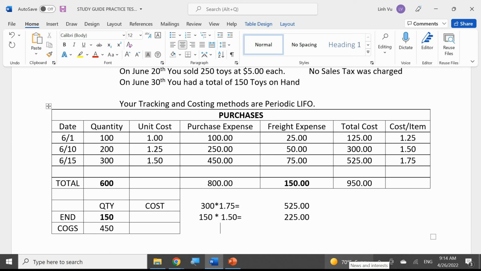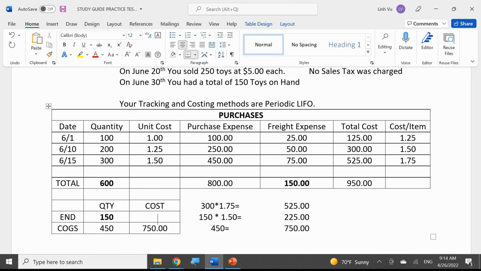Okay. So if you tally up those totals, you would get a total of 450 units at a grand total cost of goods sold to be 750.